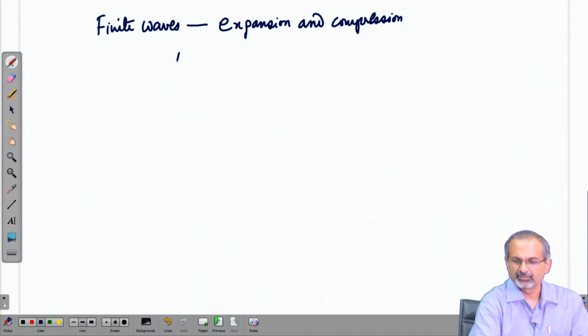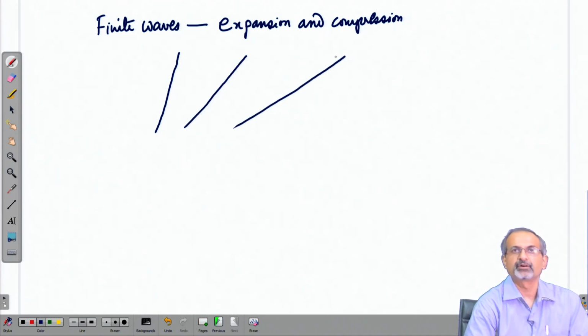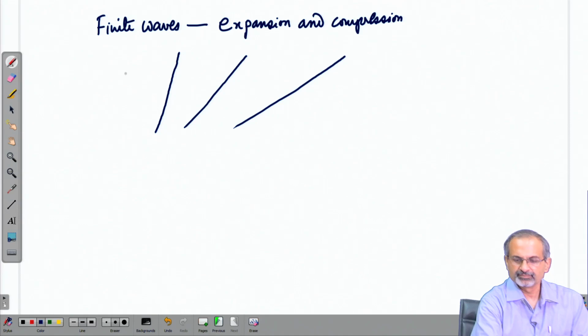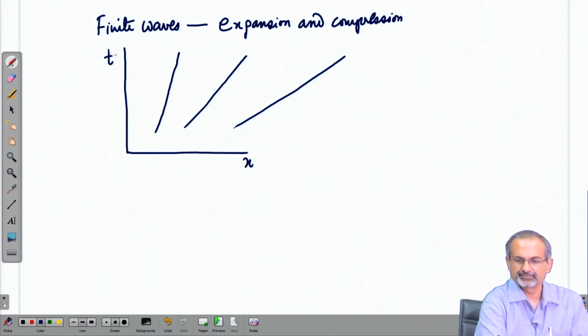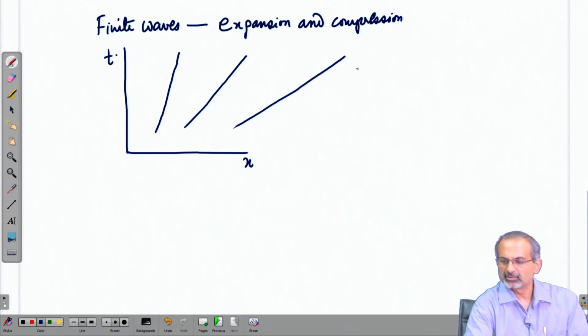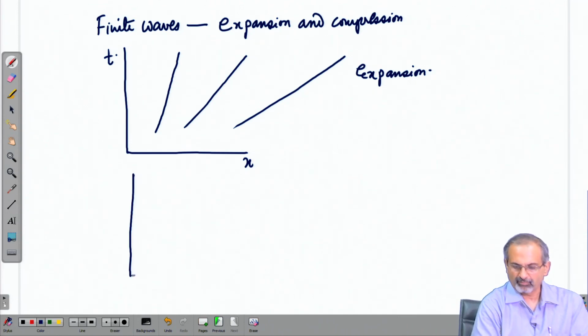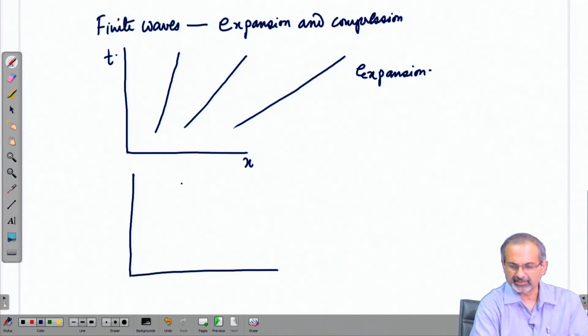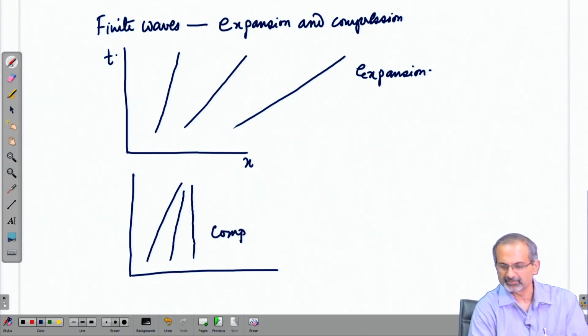If the characteristic waves are like this, that they are moving further apart in the x t plane, then we have an expansion. If on the other hand, the characteristic lines are tending to get close to each other, then we have a situation of compression.